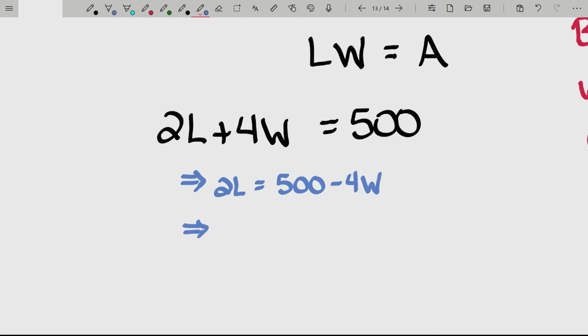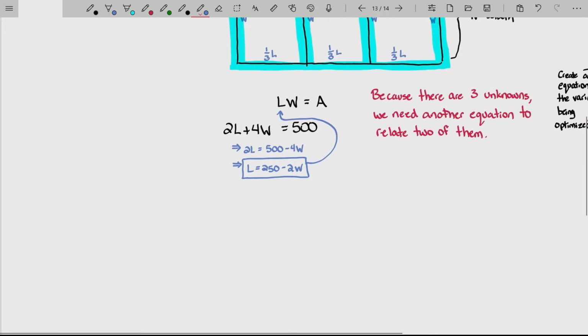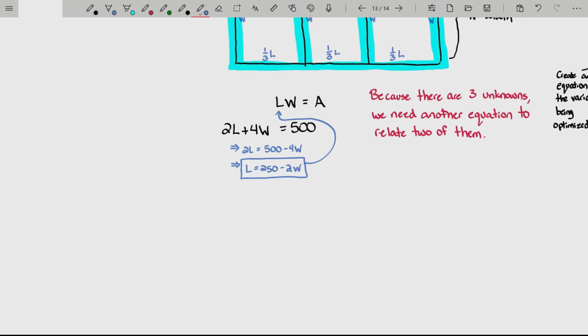Or in other words, wherever I see an L, it's going to be 250 minus 2W. And luckily, I see an L right there. So that's what I mean: A equals LW is actually only an equation in 2 variables, because we're going to sub out the length for 250 minus 2W.